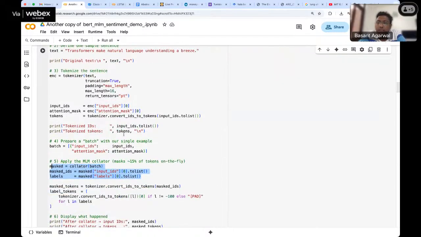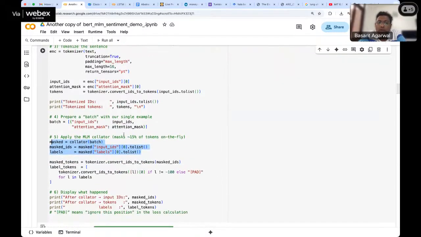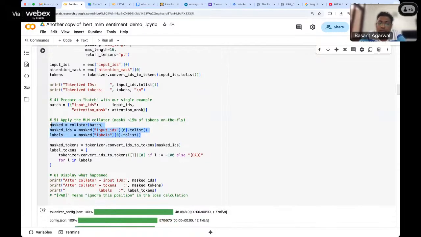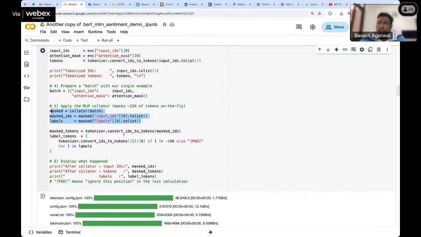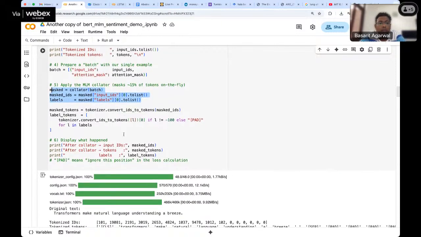It will take all the sentences and do the actual masking, which we already discussed, that 15% is the parameter which we are passing. So it will automatically pick up the words and do the masking. And then again, we are converting the sentences after that masking.